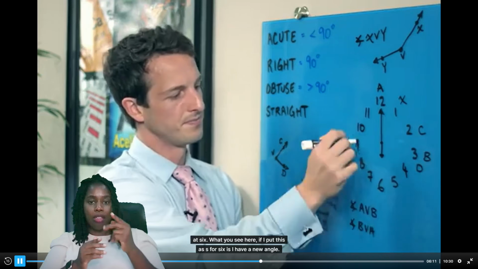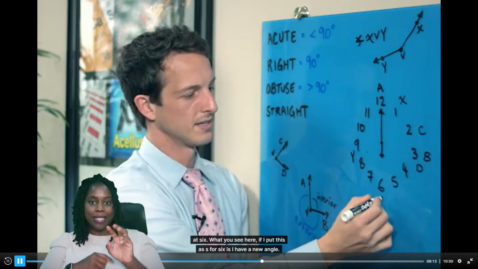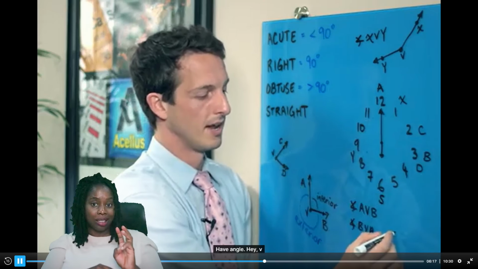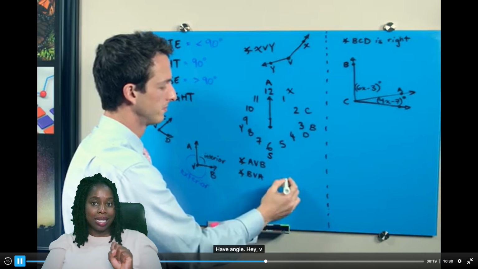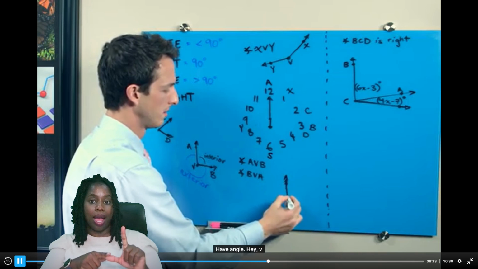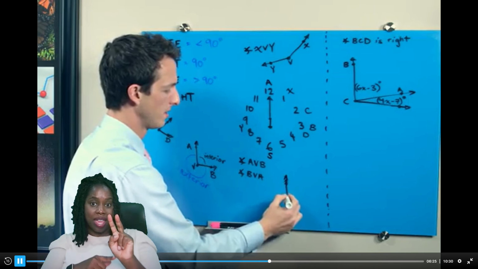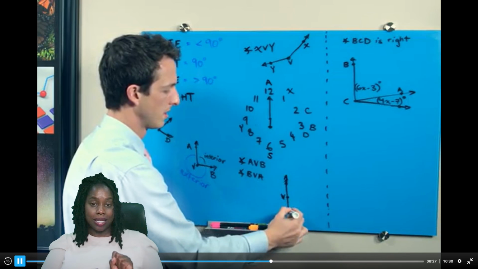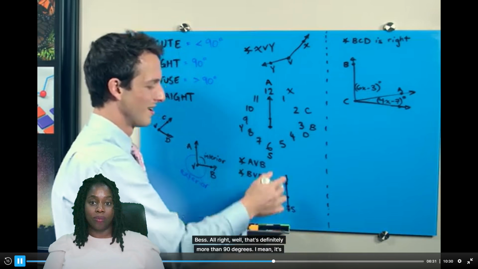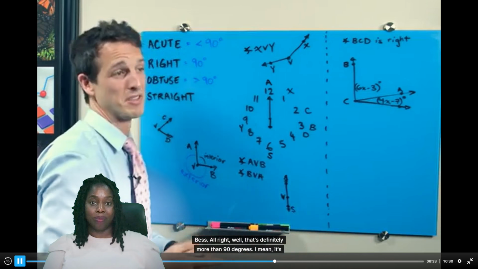What you see here, if I put this as S for 6, is I have a new angle. I have angle AVS. All right. Well, that's definitely more than 90 degrees.